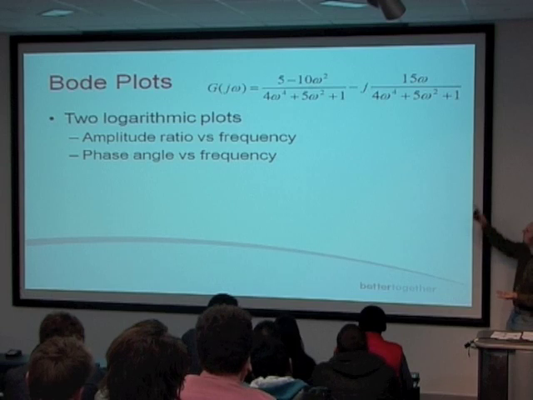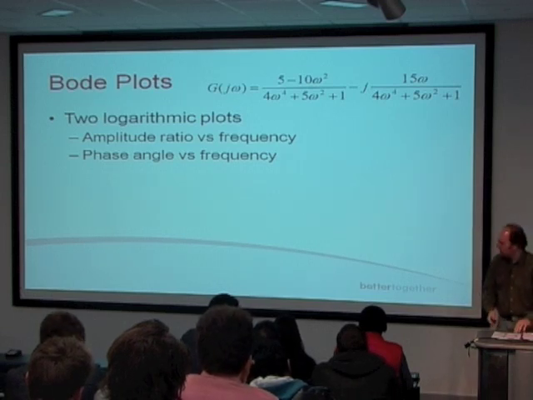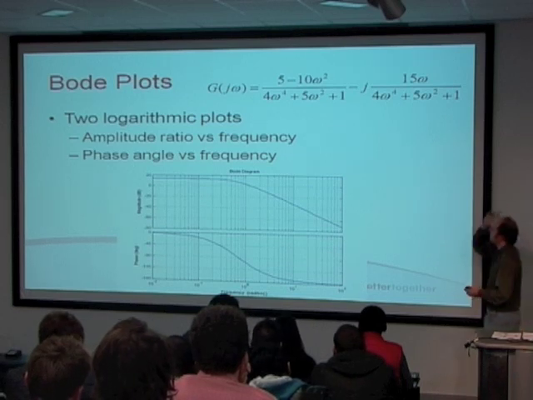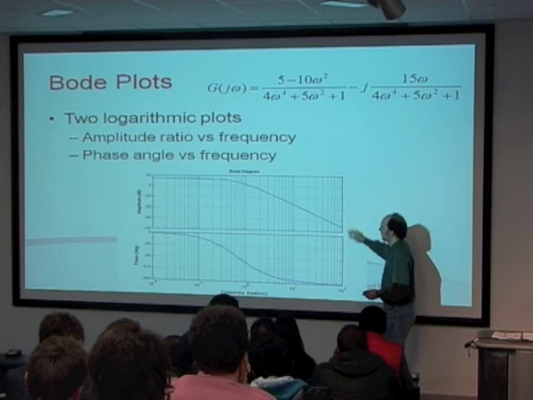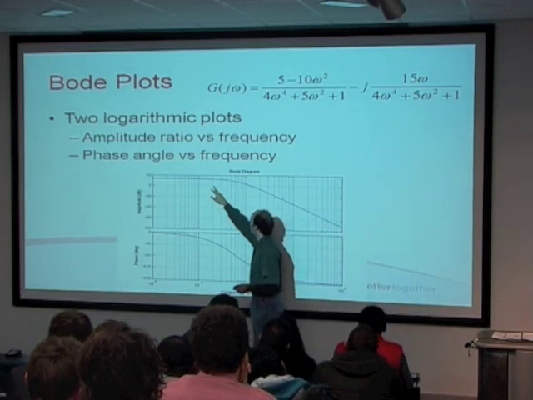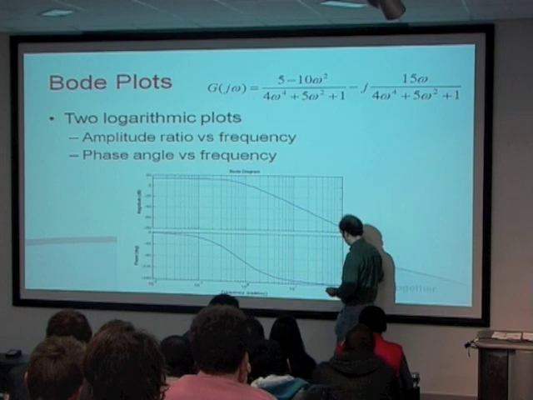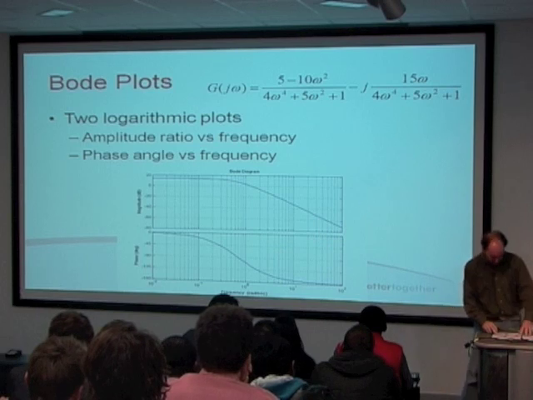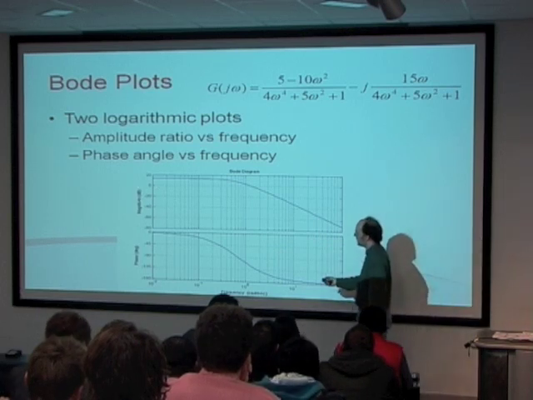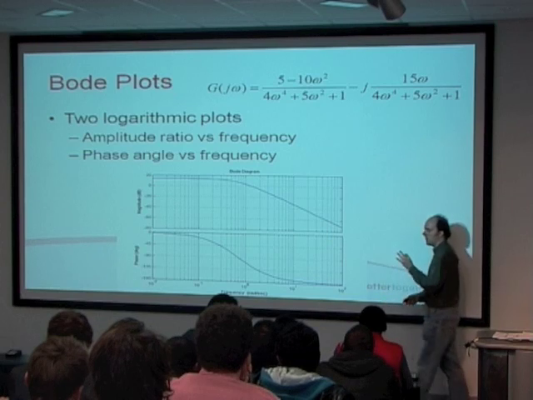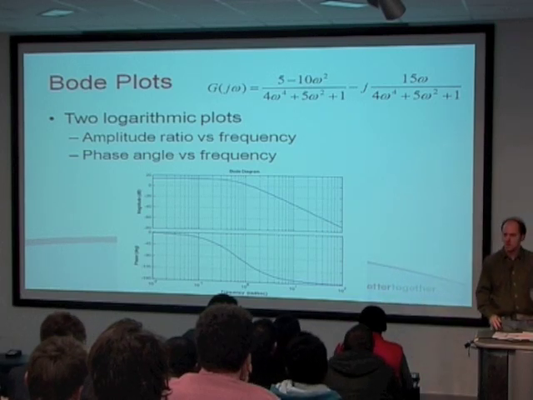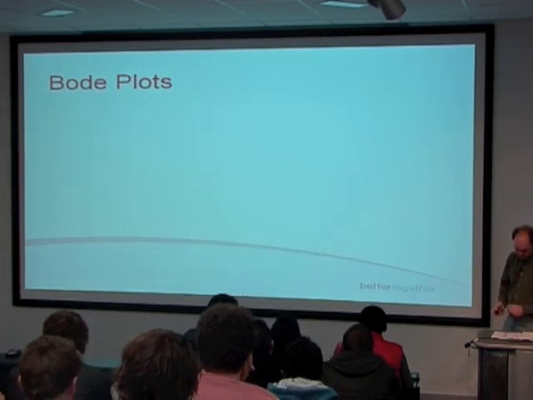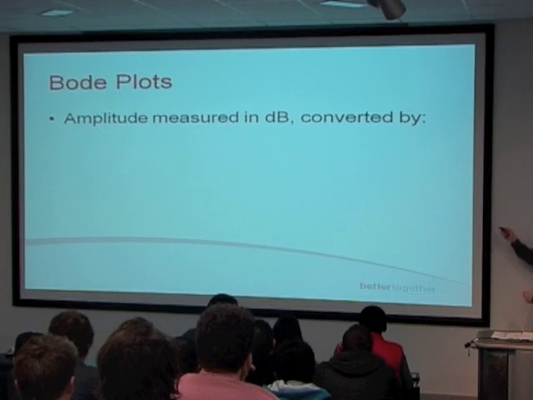And as an example, we'll take our example that we worked on before. Again, we take our values of the amplitude ratio and the phase angle, and we end up with two plots. This represents our amplitude ratio, and this represents the phase angle. Now, notice that the amplitude ratio over here is actually measured in what's called decibels, and so we need to convert the amplitude ratio from that number to a logarithmic scale, and that's useful for a number of reasons.